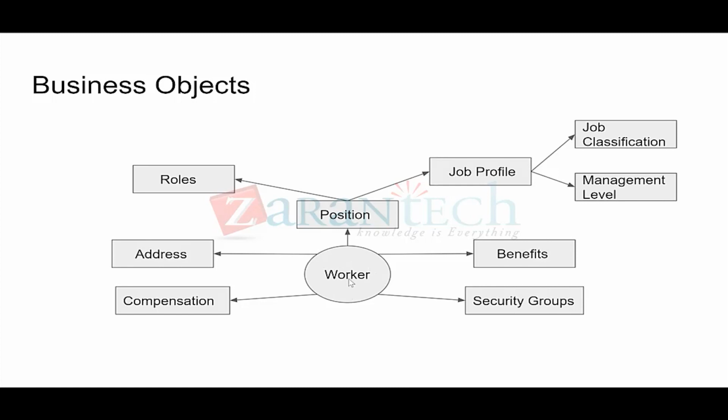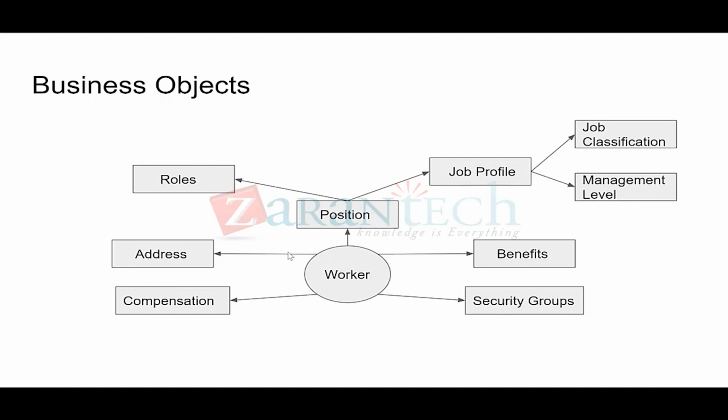So it's the worker, and the worker has benefits. Worker has an address, worker has a compensation, worker is a part of security groups, worker has position, has roles, position has job profile, has job classification, management level. So as you can see, all these are objects.